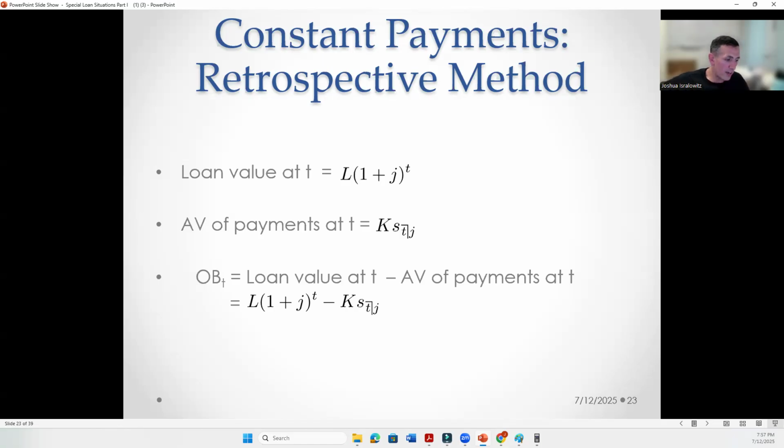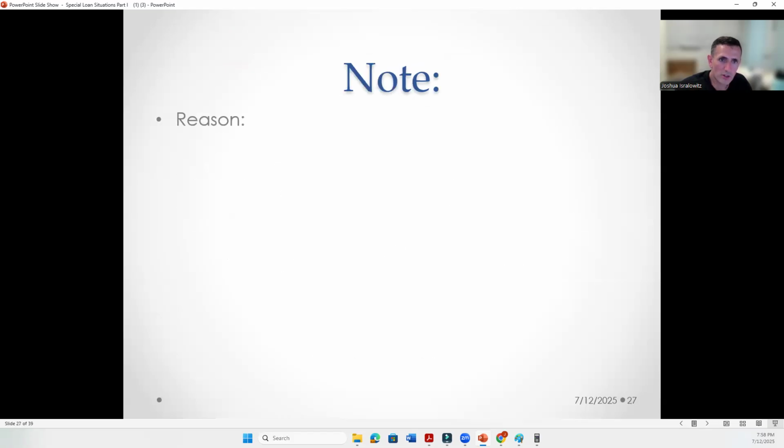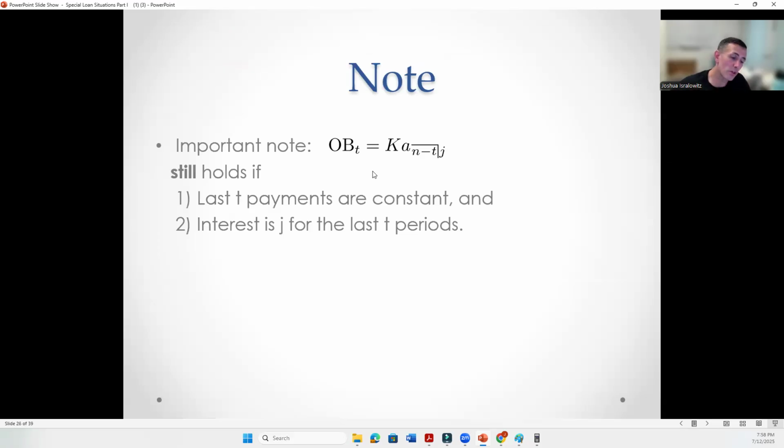We have 0.25% for the first 24 months, and then for the next 12 months, from 24 to 36, we have 0.5% in our example. So which interest rate do you use? Again, it doesn't make any sense to use this formula. The prospective formula is the only one that makes sense to use. From 24 to 36, you have one interest rate, one payment. Right?